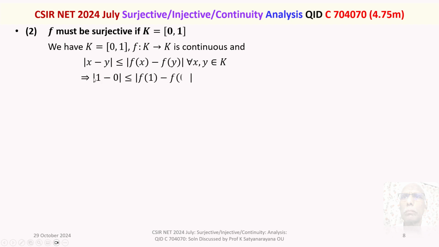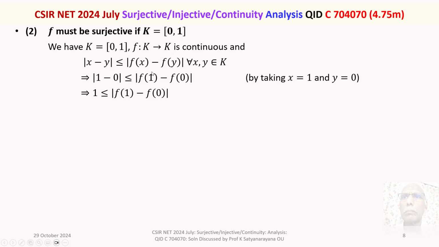Right. So now we take x is equal to 1, y is equal to 0 in this. Then this will be mod of 1 minus 0 is less than or equal to mod of f of 1 minus f of 0. Agreed. That means 1 is less than or equal to mod of f of 1 minus f of 0. But where will f of 0 be? f is k to k.